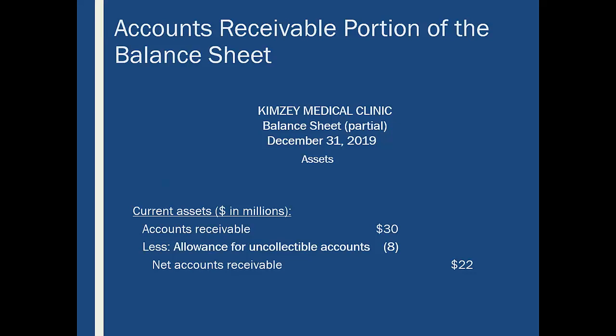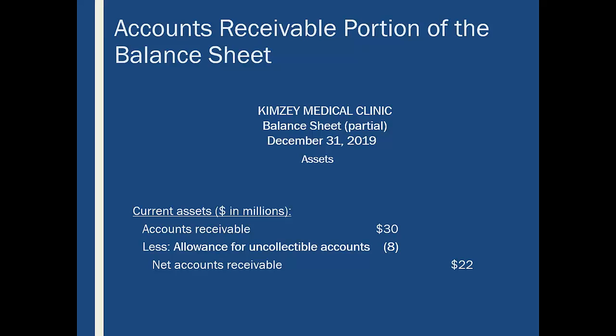From the balance sheet, let's say we had a total accounts receivable of $30 million. Here's the allowance account, which brings us to a net accounts receivable balance. Now, why do we do this? We do this because what we're trying to do is represent the actual amount of accounts receivable. How much money do we think is actually going to come in from our customers?